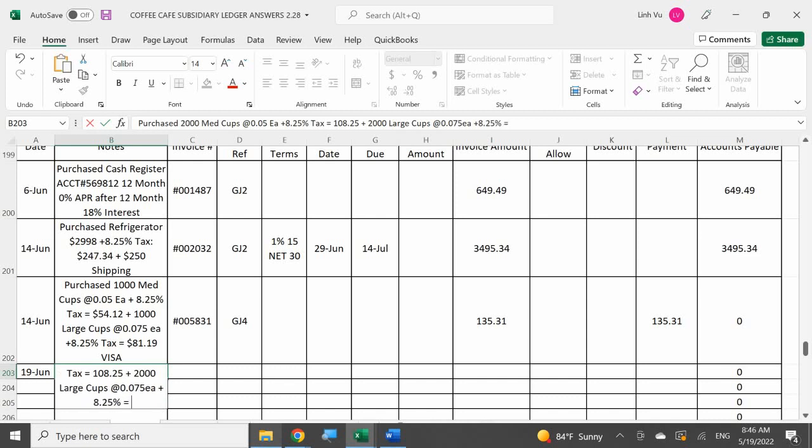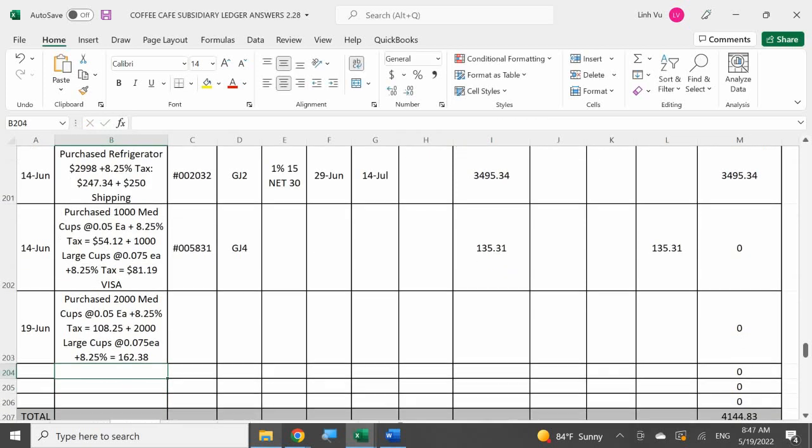That gave me a total of 162.38. So in case you do end up returning either one, this is how much each one is.